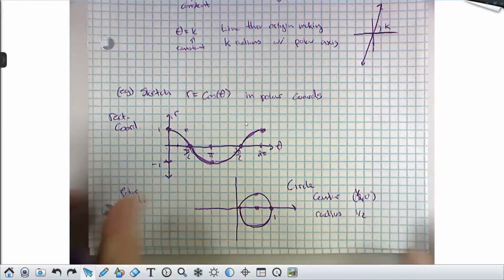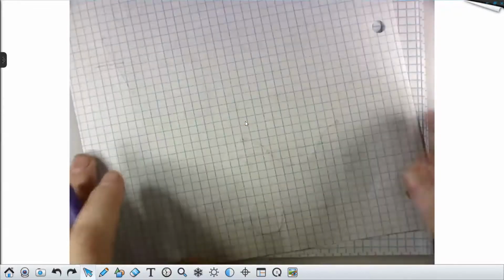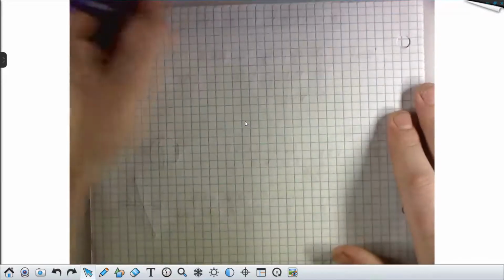R equals sine theta is similar. Give you some perspective.